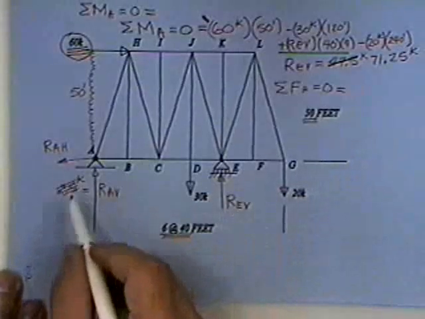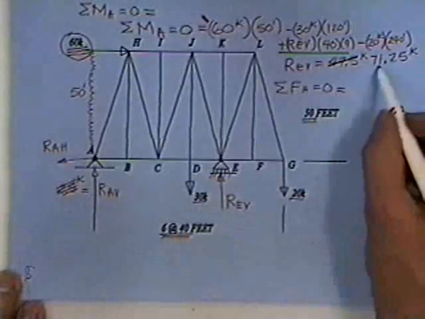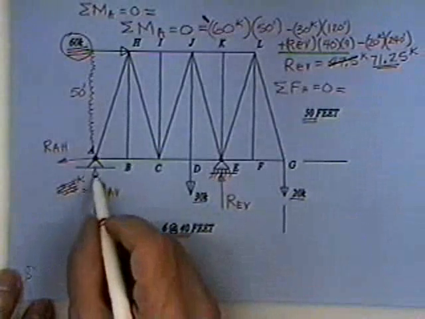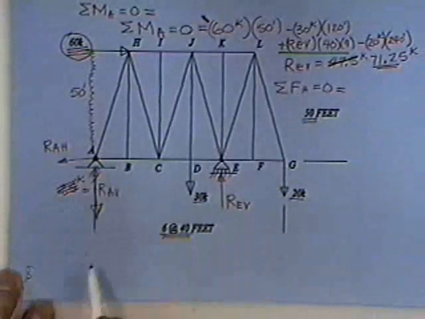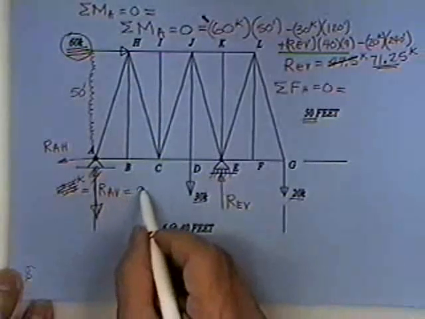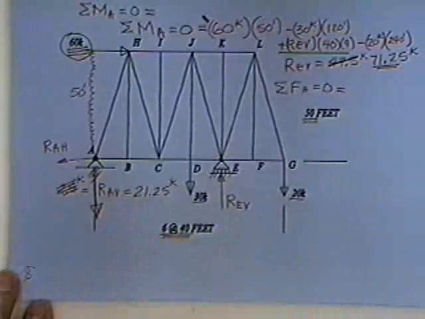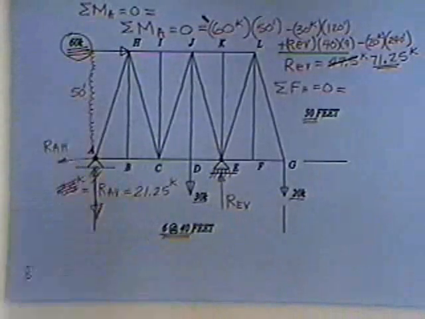And so this isn't 2.5 kips up. We got 50 kips down. I got 71.25 up. 50, 71, so this is 21.25, and the reaction goes the other way. 21.25 kips. That makes a lot of sense because there's a lot of clockwise moment due to the 60 kip force.